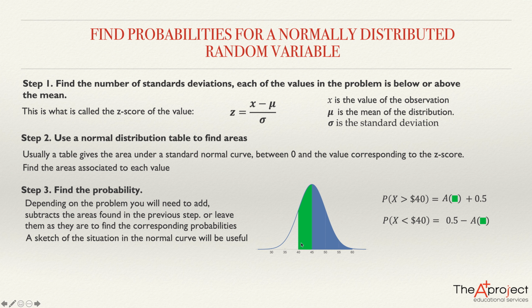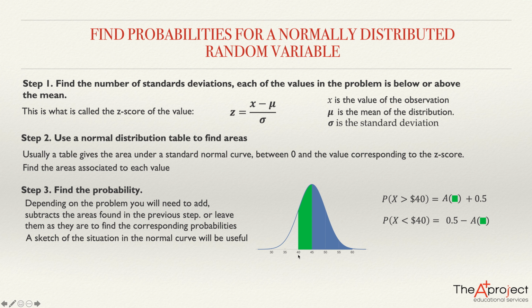This area is for sure a number in the table, but it's not the answer to the question. The question was, what is the probability of x less than 40? So in this case, you are going to make a subtraction: 0.5 minus the area that the table gives you. You see that the problem was different. In the first problem, you add the two numbers. In the second problem, you subtract the two numbers that you have.